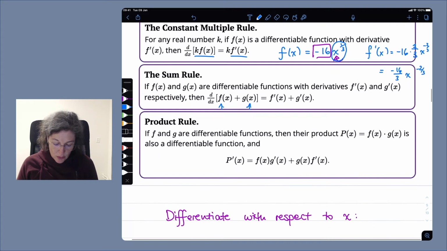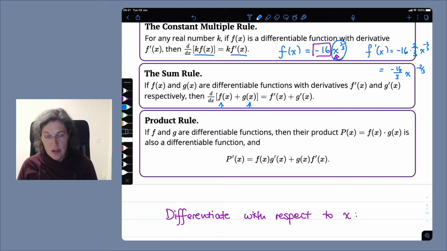The product rule, unfortunately, is not just that we can just multiply the derivatives together. Instead, if we have some function, so I'm going to call it big P, which is the product of function f of x times g of x, then if we take the derivative of our P, what we have is our original f of x times the derivative of g plus our original g times the derivative of f.